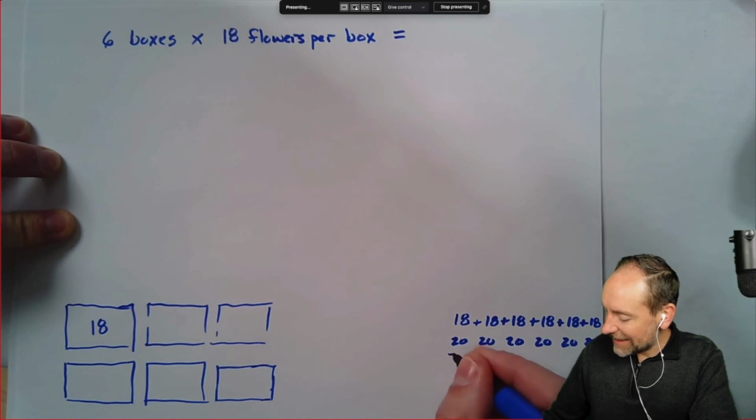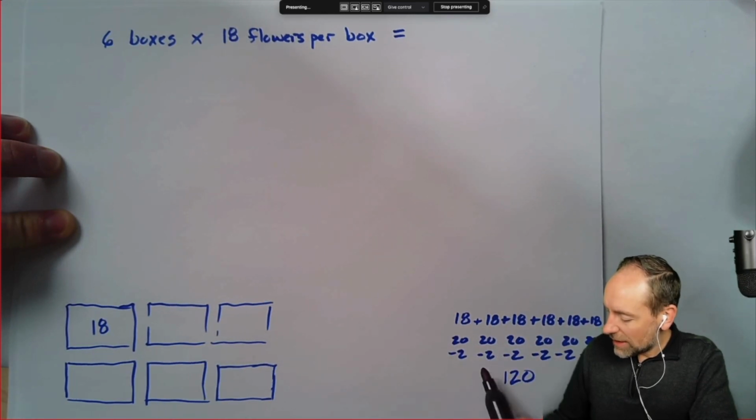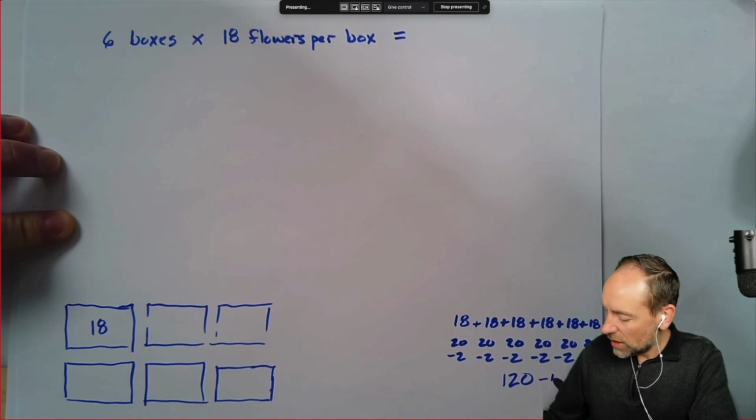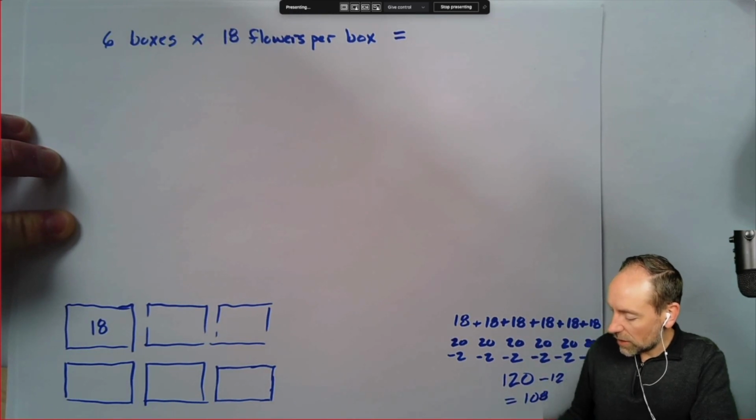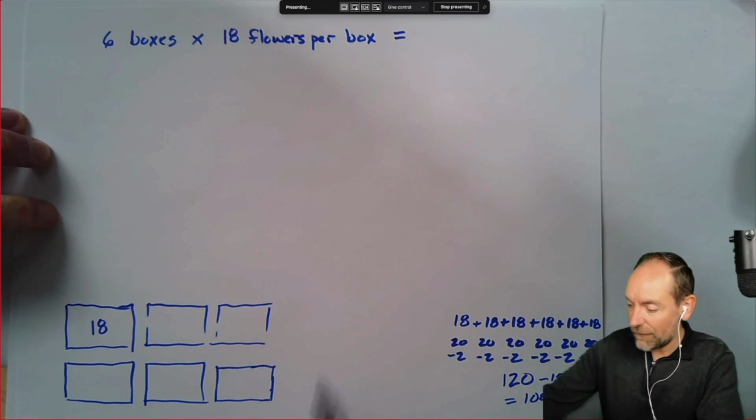But then I need to subtract 2 a bunch of times. I know this is 4 I have to take away, or 6, or wait, 6 doubled is 12. So I could go and do that and say 10, take away another 2. Okay, 108.